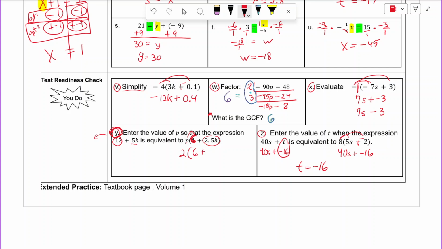Okay? So we'll try it out. Okay, 2 times 6 is 12. That works. We got a 12. Plus 2 times 2 and 5/10 h is actually 5h. And that's what we need there. So you can see that our p that we're missing here is a 2. We need a 2 out in the front.